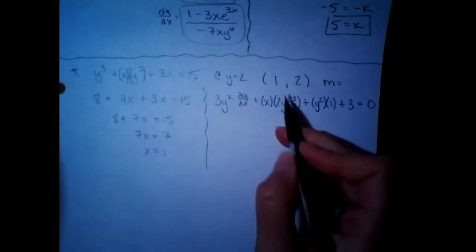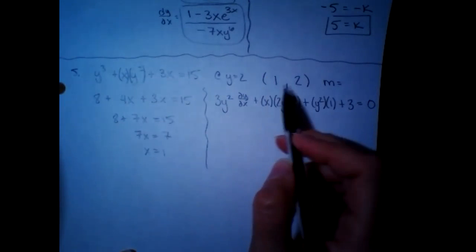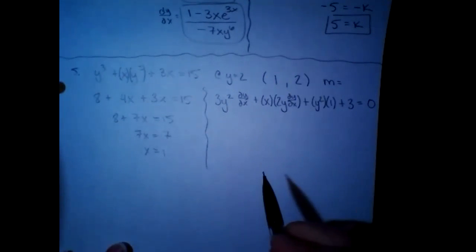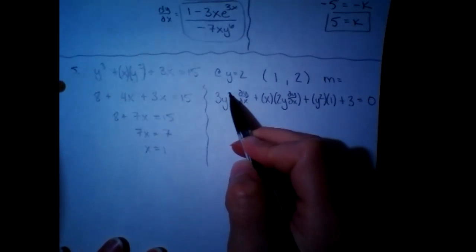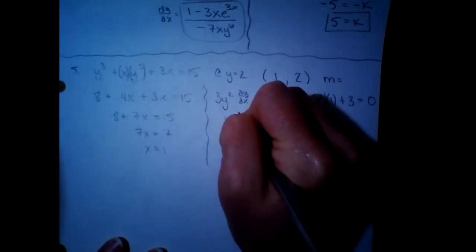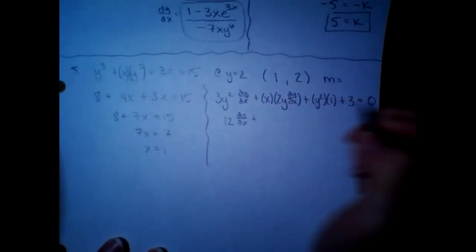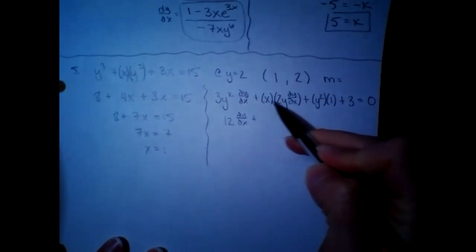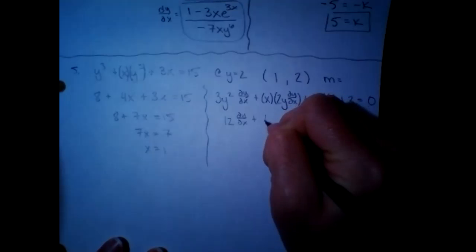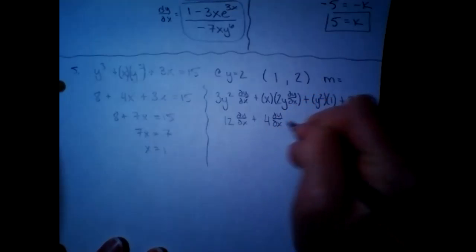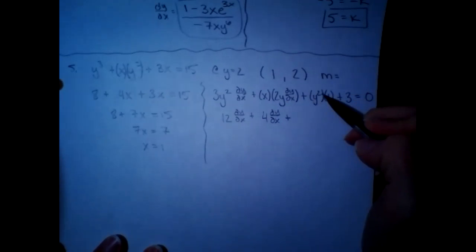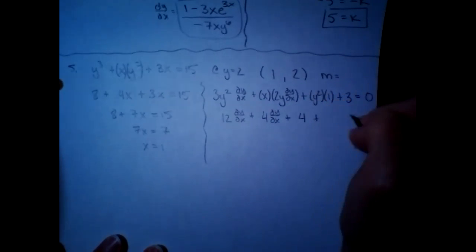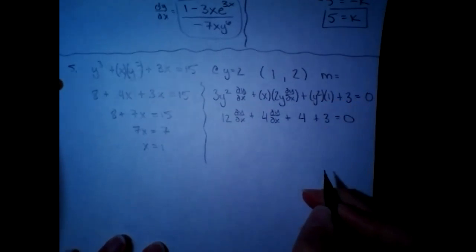So we are going to plug in 1 for x and 2 for y and see what we get. All right, so y is 2. 2 squared is 4 times 3 is 12. And then here, this would be 1 times 2 times 2, so that would be 4 dy/dx. Again, y is 2, so 2 squared is 4, and then plus 3 equals 0.